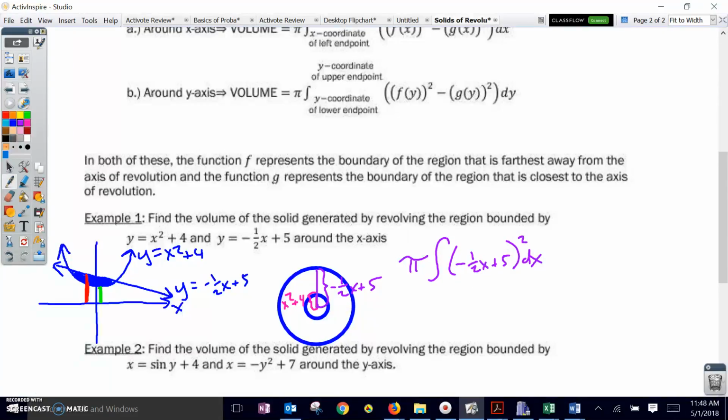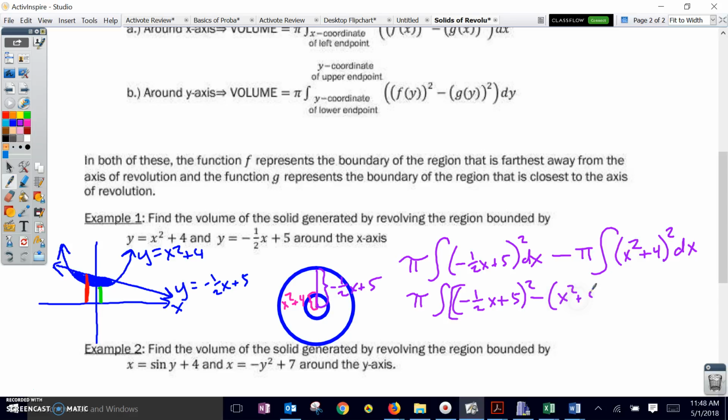And we're taking away this smaller cylinder in the middle, and the volume of that is pi times the integral from somewhere to somewhere of the inner boundary squared. Now we can do a little factoring and turn this into one integral where it's just the integral of the outer boundary squared minus the inner boundary squared.